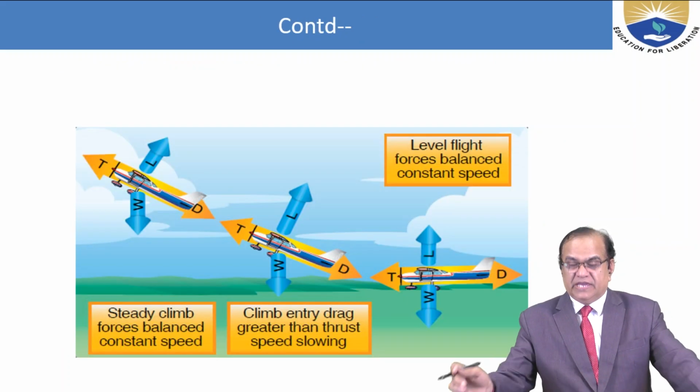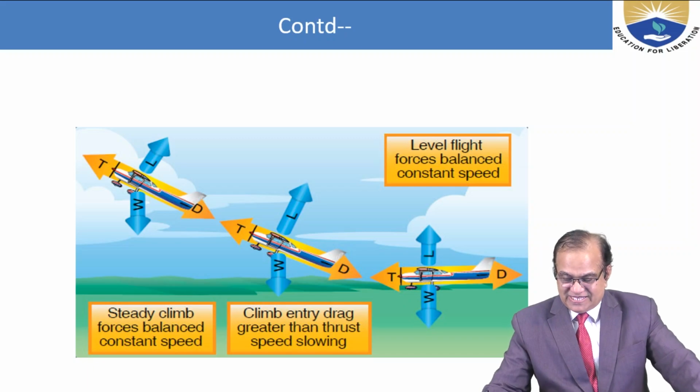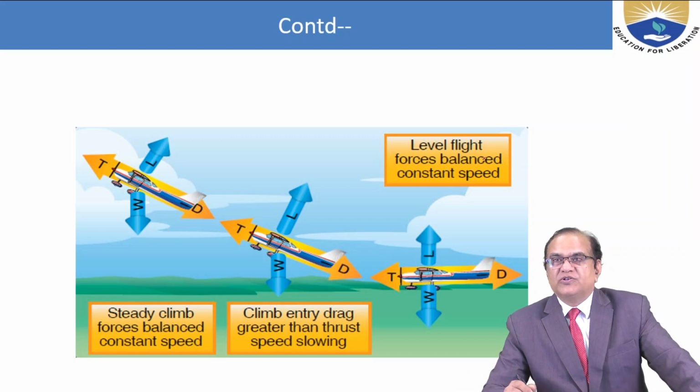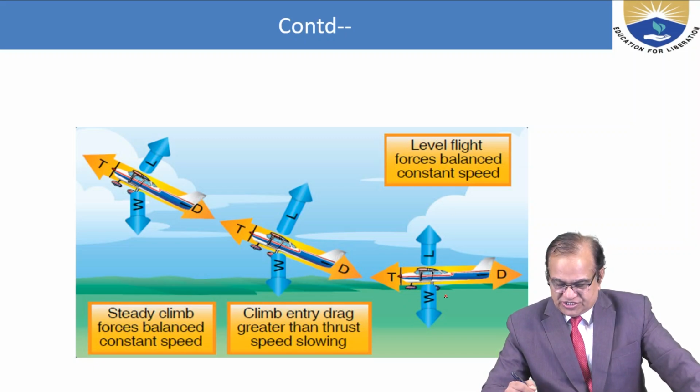So here we can see another case, level flight: forces are balanced and constant. Here the lift is equal to weight in the first case, and thrust is equal to drag.